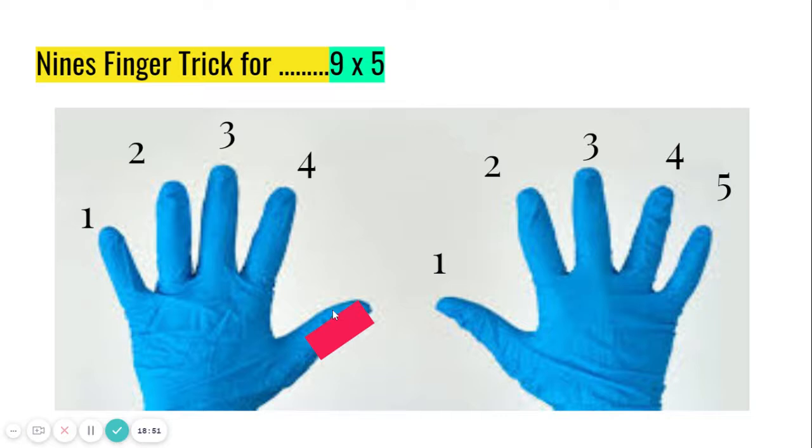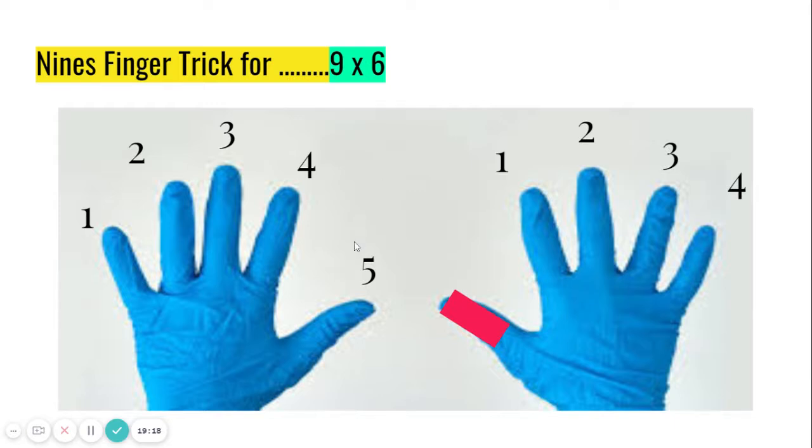Tuck under your thumb. And how many fingers are over here on this side of your tucked down thumb? 1, 2, 3, 4. So we're going to put a 4 right here. And then how many fingers are on the right side of your thumb? 1, 2, 3, 4, 5. So we're going to put a 5 right here. Check out our answer. 9 times 5 is 45.